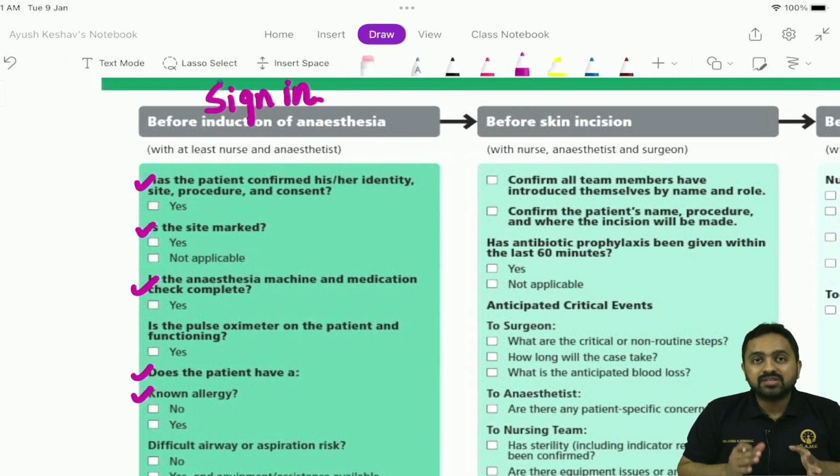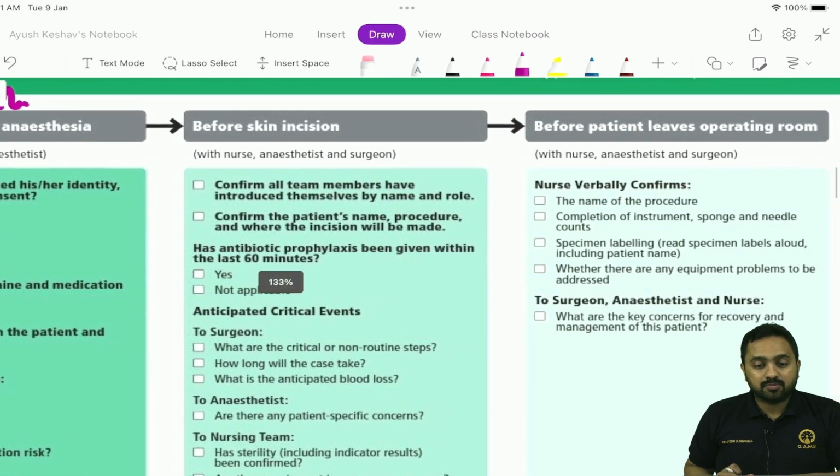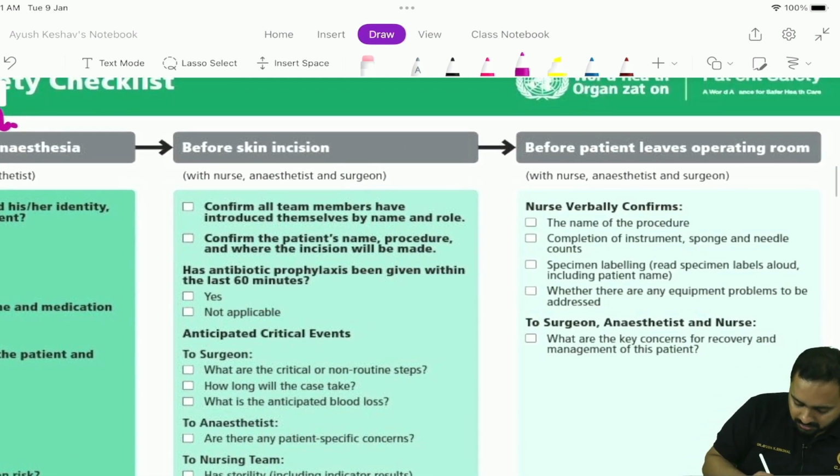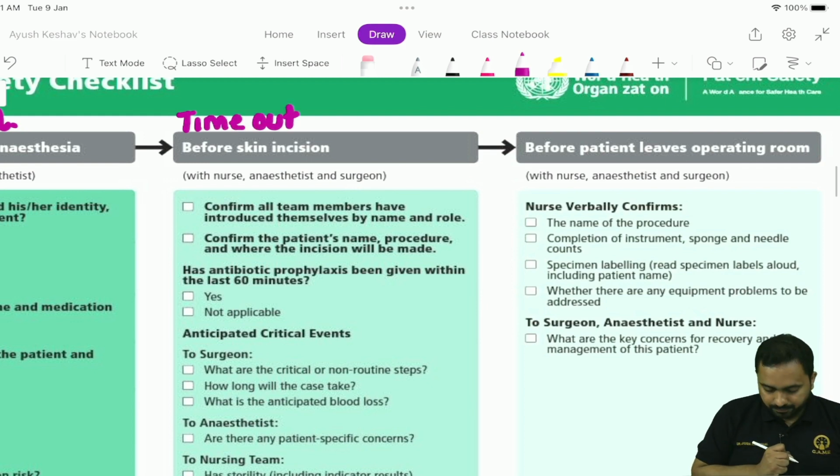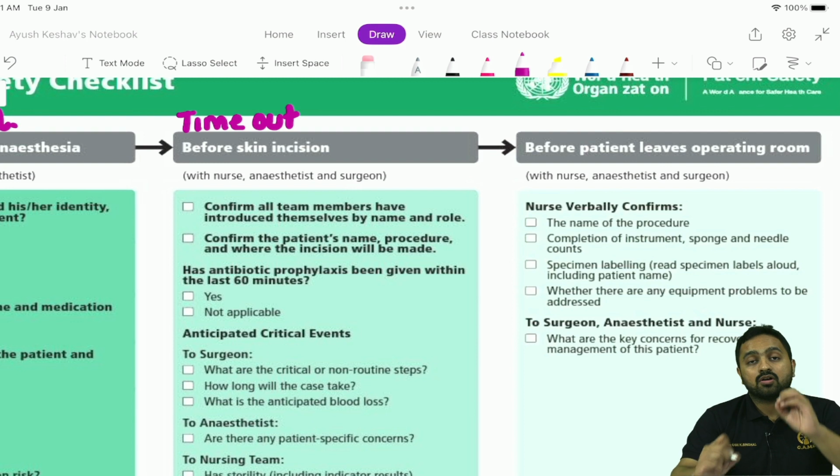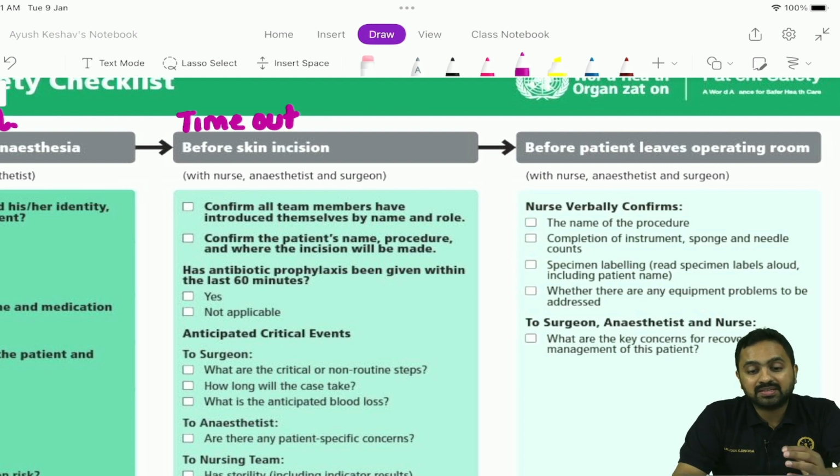The first MCQ that can be framed over here is which of the following is or are not the component of sign in. Now the next is your before skin incision. This is also known as your time out. Over here, all team members confirm that they have introduced themselves by name and the role that they are going to play.